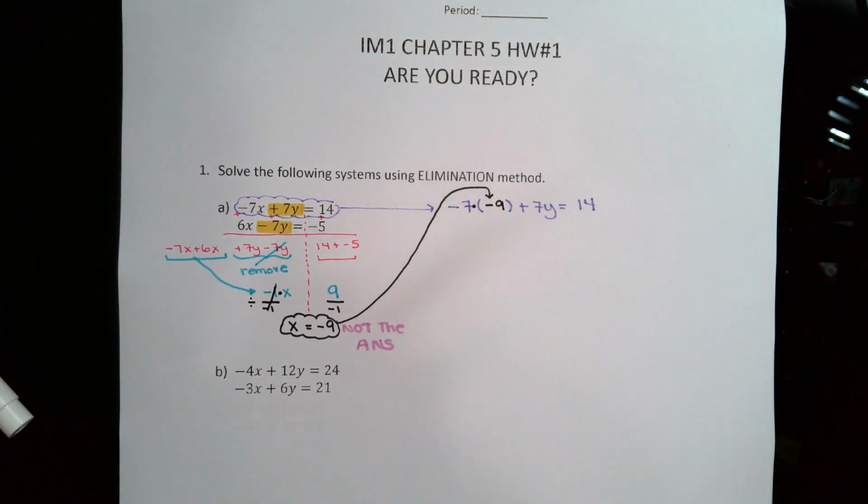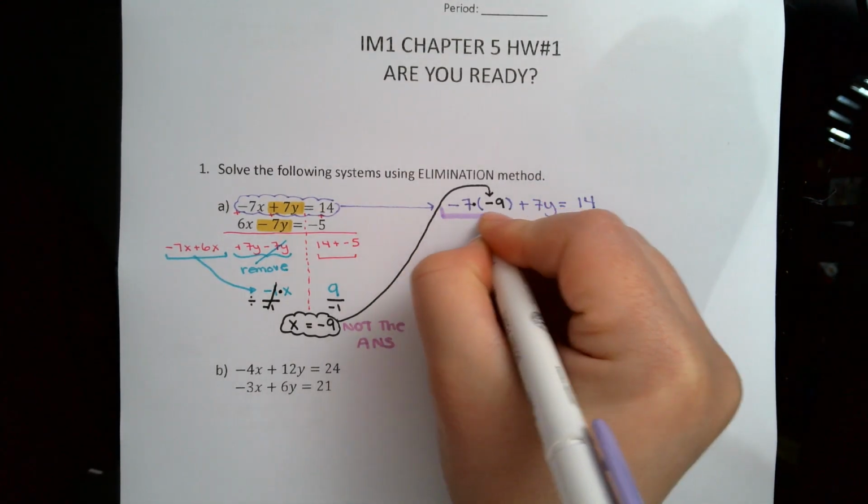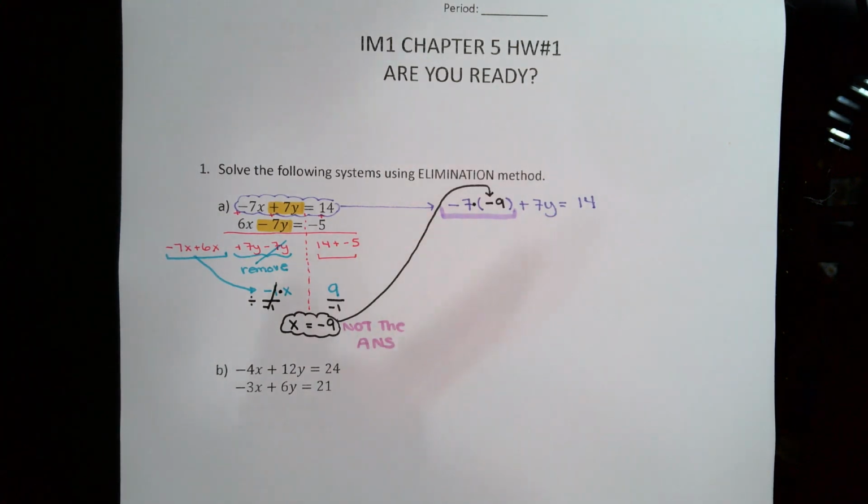Now, if you are using a calculator, please be careful with your operations. This is going to be a multiplication, not a subtraction, even though it comes with a minus. So to type this into the calculator, you're going to do a negative 7 times a negative 9. And it should look something like this if you are looking at a calculator.